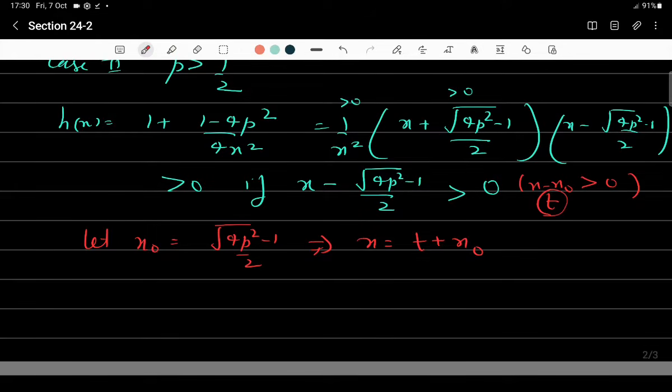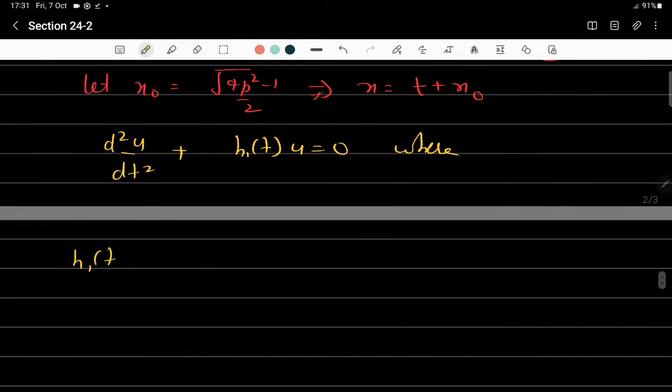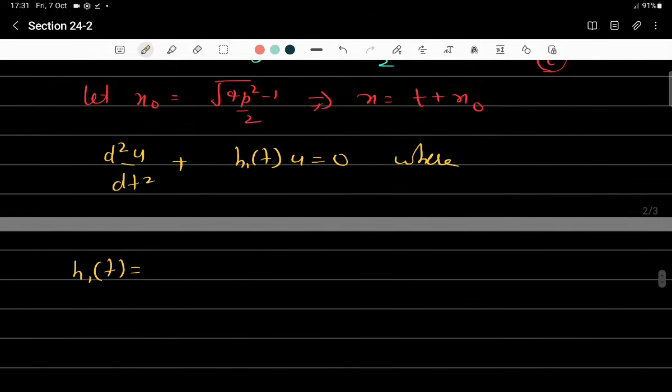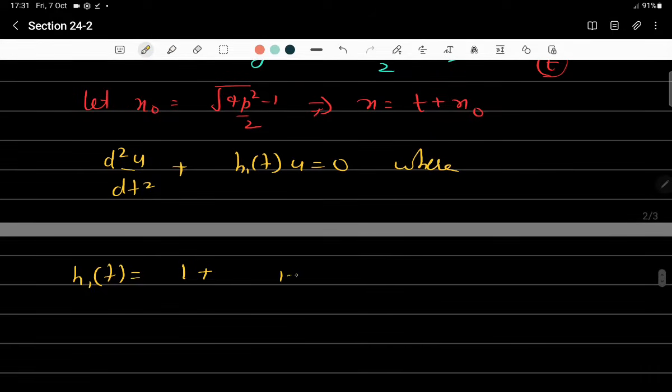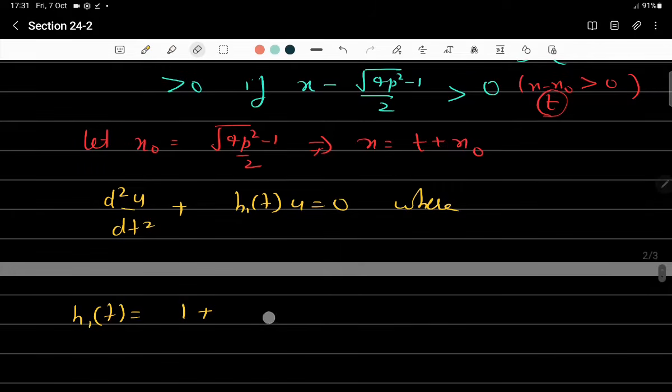Now substitute all the values back. The first change is when you are changing the independent variable from x to t. So your equation becomes d2u by dt square plus h1(t) u is equal to 0, where h1(t) is same as h(x), because you are just replacing the variable x in terms of t. So it will become 1 plus (1 minus 4p square) divided by 4, or I can substitute here also for avoiding any confusion.